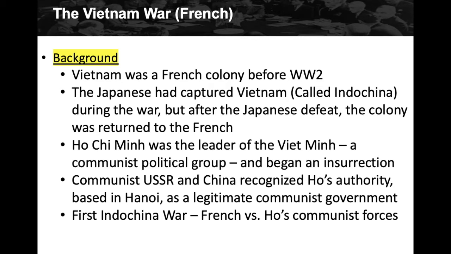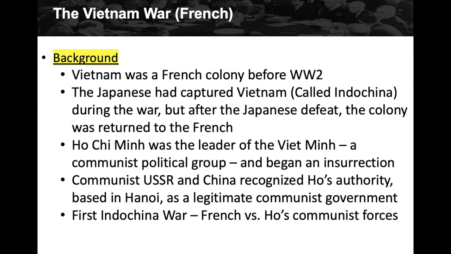This backing by the USSR and China gives Ho Chi Minh a lot of clout and power for these insurrections against the democratic government and the South Vietnamese army.